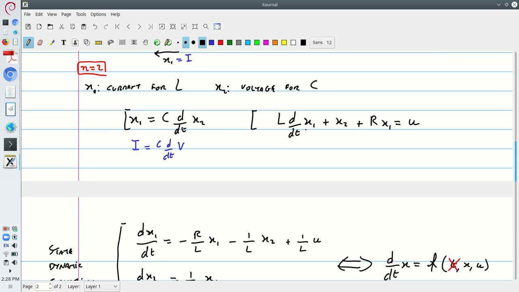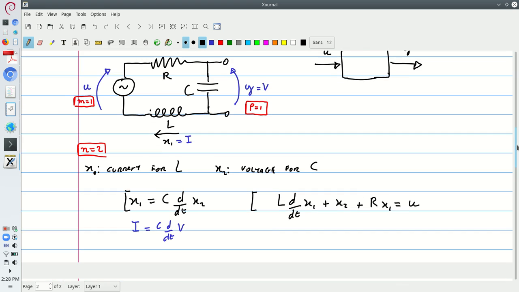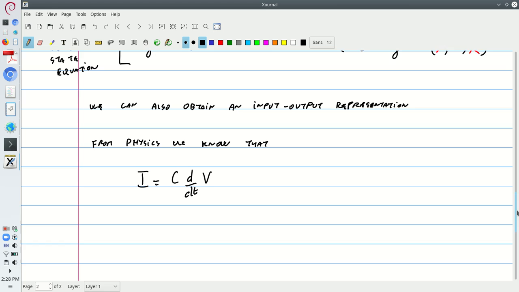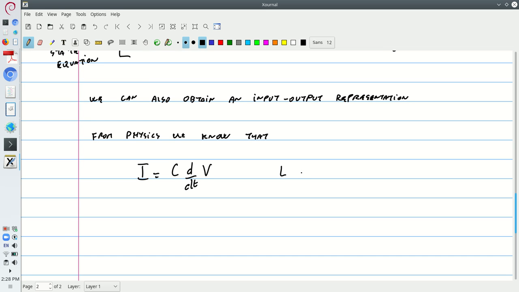We are just using I and V as physical quantities, not as states. And so we know that L times the time derivative of I plus Ri plus V needs to be equal to U.